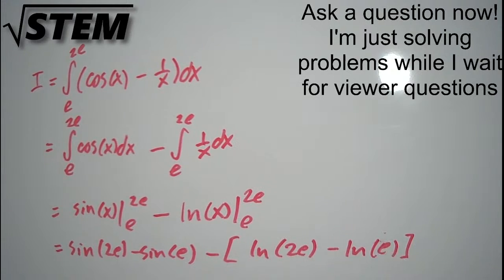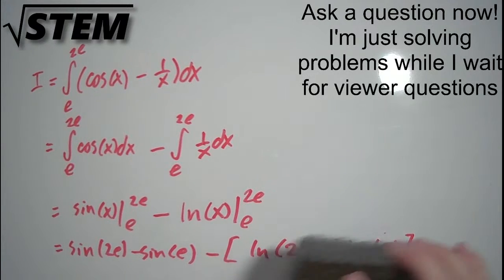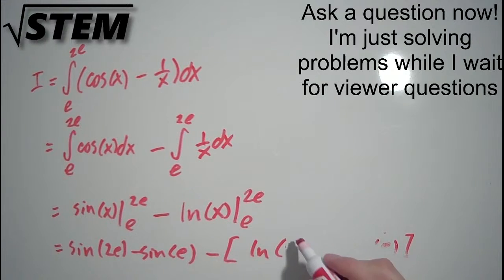The natural log of something minus another something is actually the natural log of the first something divided by the second something. So this is the natural log of 2e over e. And then our e's cancel, and that's just the natural log of 2.